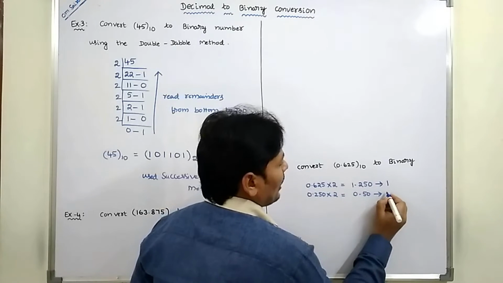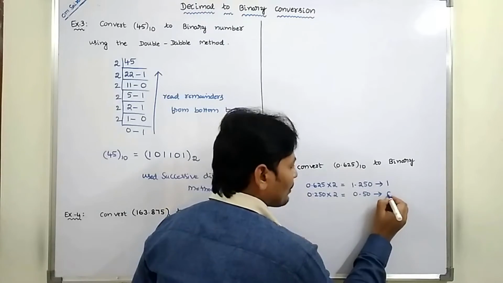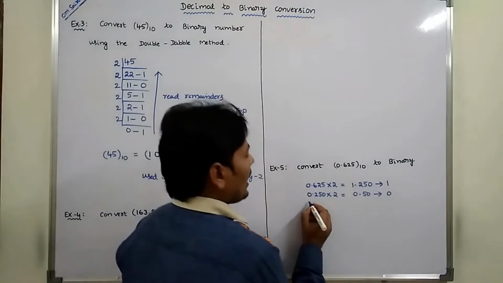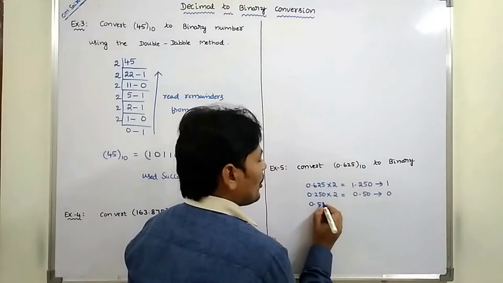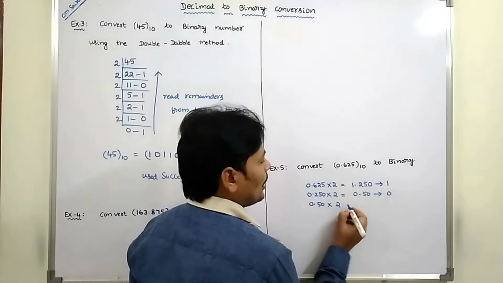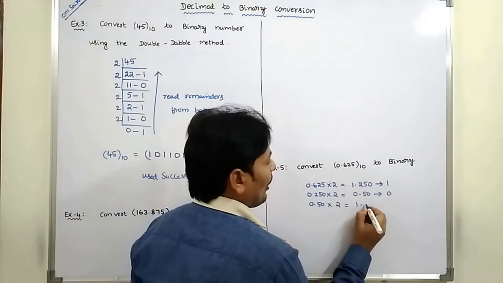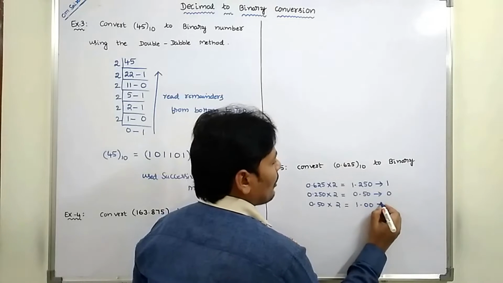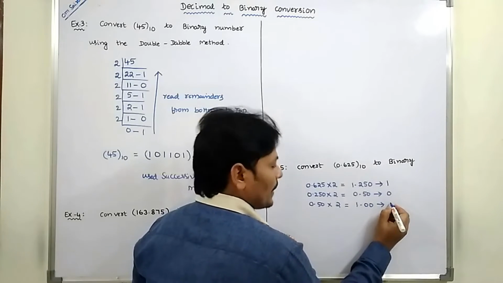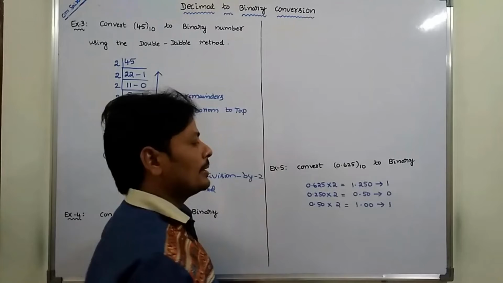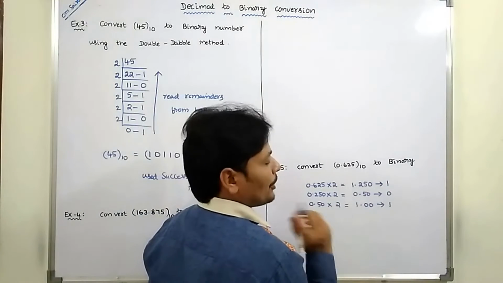The fraction part is 0.50 and the integer part is 0. Now we take the fraction part 0.50 into 2, which is equal to 1.00. We separate the integer part 1. The remaining fraction part is 0.